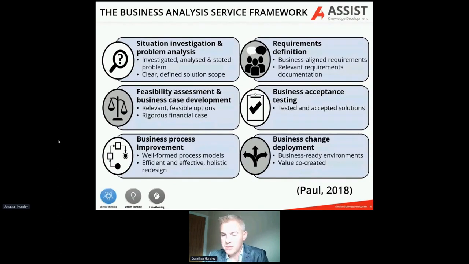And this helps us to define what it is that we offer, and also what is the value proposal of that offer. Really key for us to continue the proactive development of our profession in terms of proactive stakeholder management and proactive management of their expectations. And we're going to come back to the business analysis service framework a little bit later on.